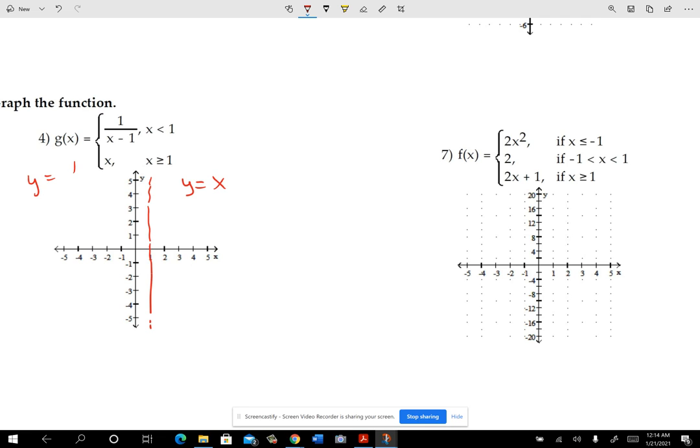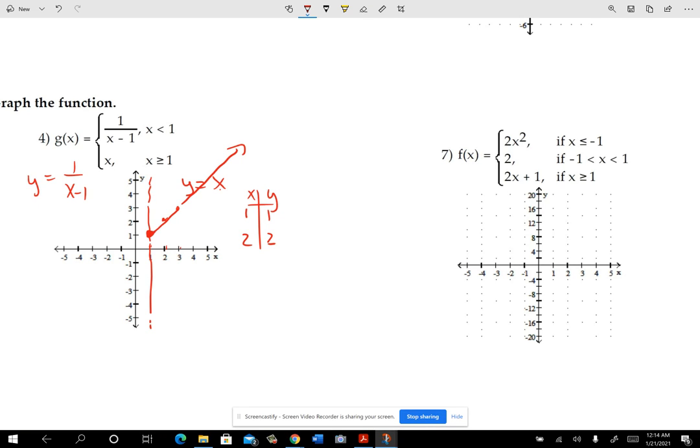This side I have y equals 1 over x minus 1. Feel free to find some ordered pairs. That might be the easiest way. If you put in x of 1, y would be 1. X of 2, y would be 2. So 1, 1, 2, 2, 3, 3. This is going to be a line that does that. And I use it to figure out what happens at 1. So that's a closed dot there.